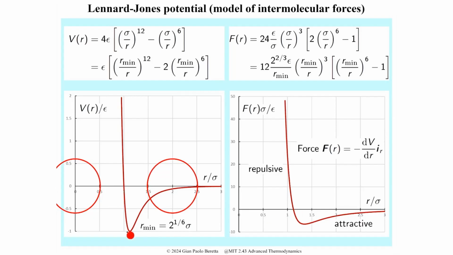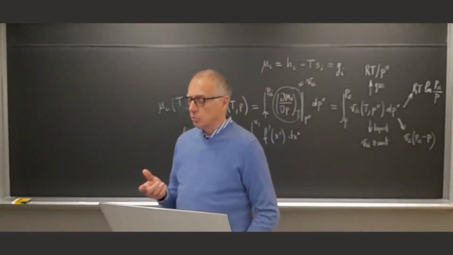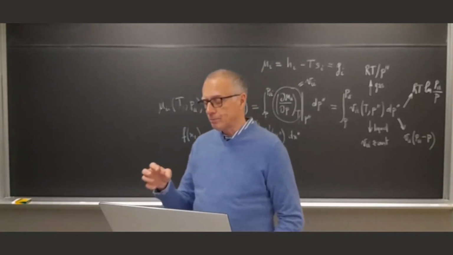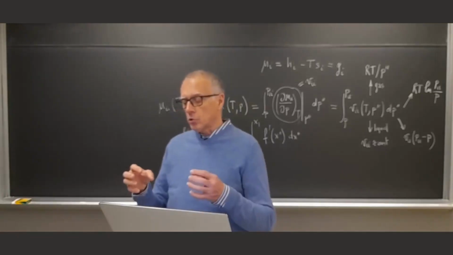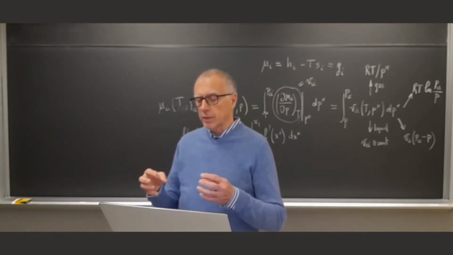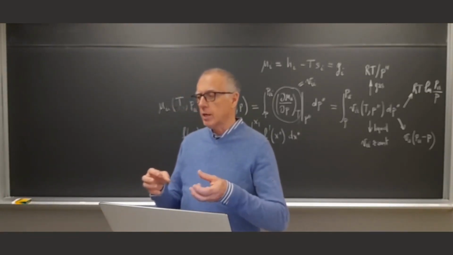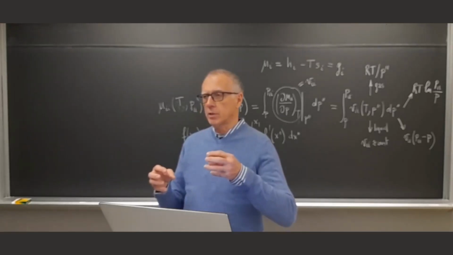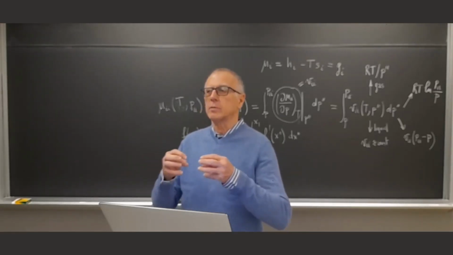It's attractive, and from this point on, it becomes repulsive. The force becomes positive. That repulsion is due to the fact that now the nuclei, which are positively charged, begin to feel the positive charge of the nuclei of the particle I'm sitting on, and therefore that repels.